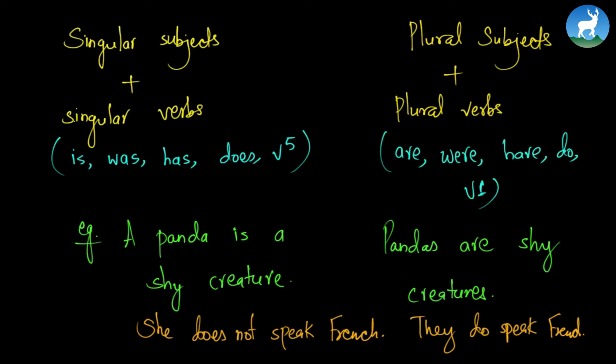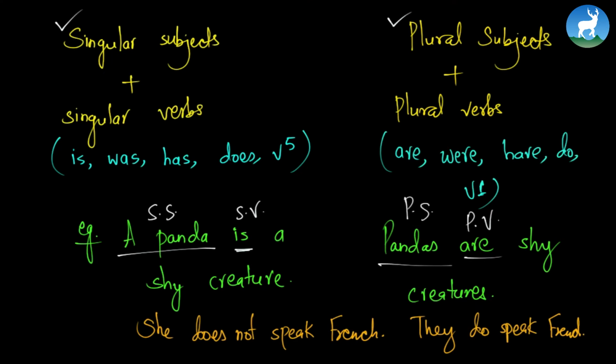First, keep in mind the basic rule. What is the basic rule? Singular subjects take singular verbs while plural subjects take plural verbs. Very good. So a panda is a singular subject. Is is a singular verb. A panda is a shy creature. Very shy, very reserved, does not talk much. Right? Now pandas is a plural subject. Are shy creatures.